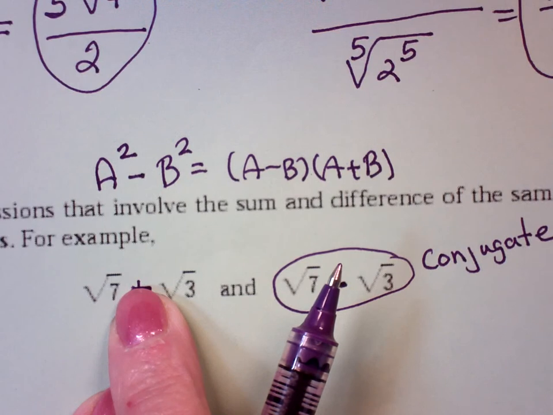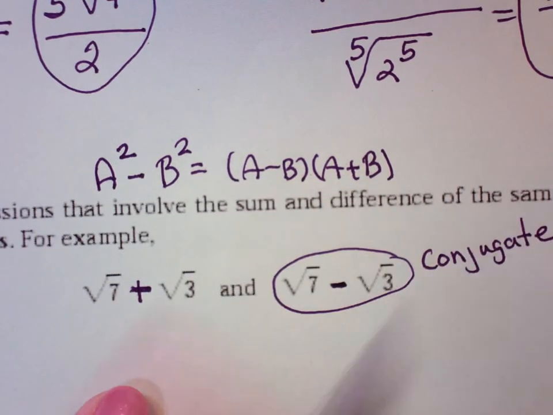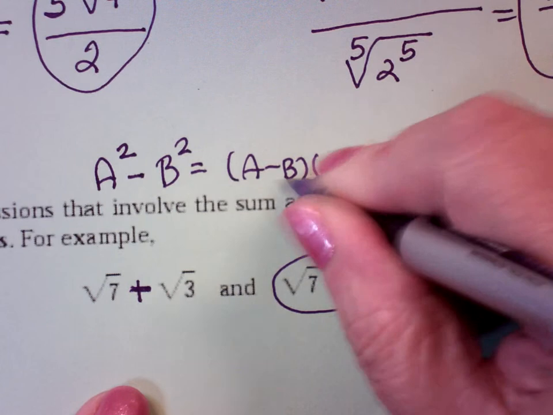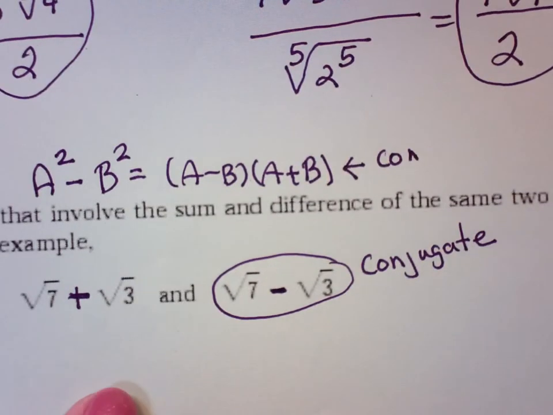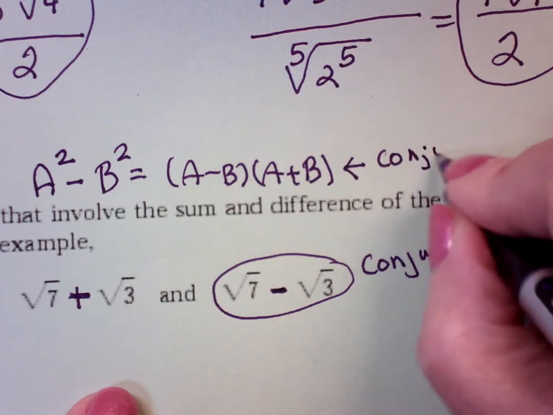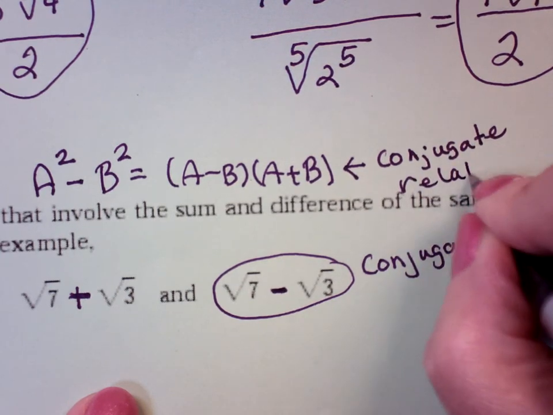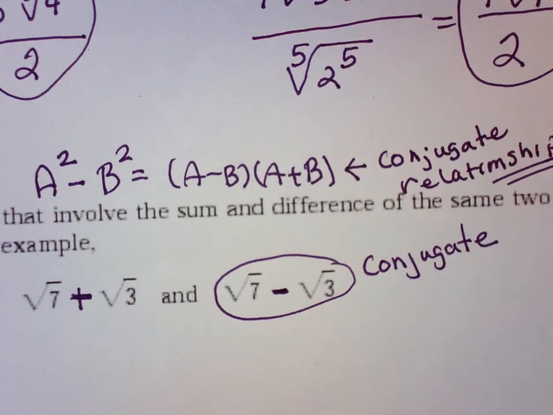It kills the radical because the inner and outer add to 0. So we always say, we look at the difference of squares. This is a conjugate relationship. Same numbers, different sign in the middle.